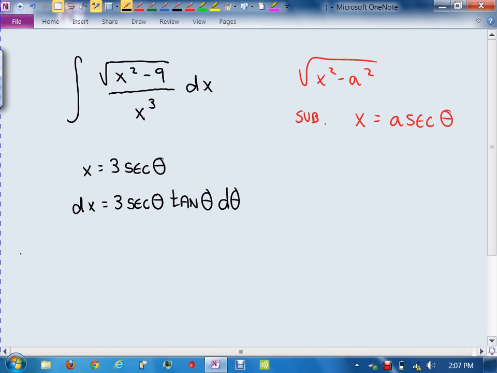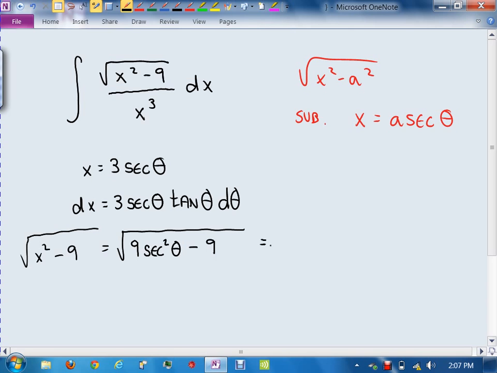And then what about this square root of all this stuff? That's the square root of, what's x squared? 9 secant squared theta minus 9.